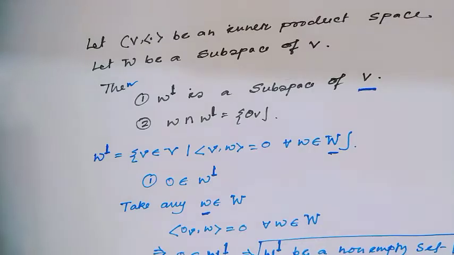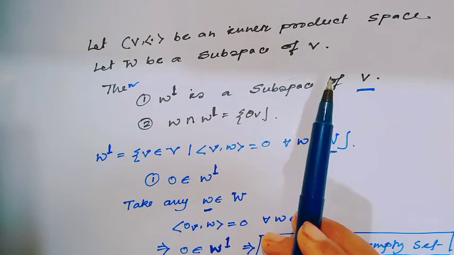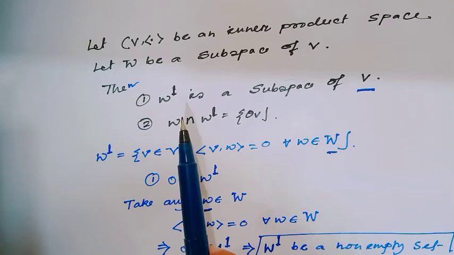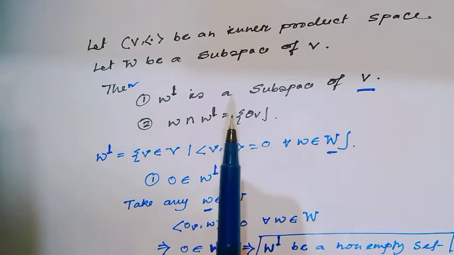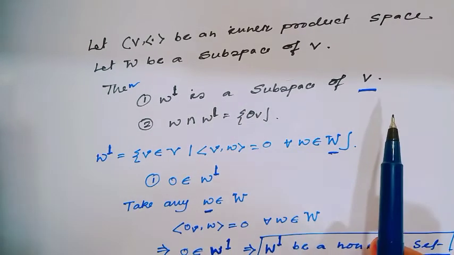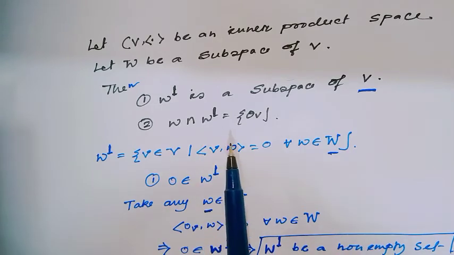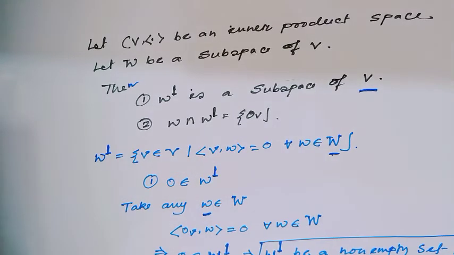See a new type of expression about the complement of a subspace. Consider V an inner product space and W a subspace of the vector space V. Then W perp, the complement of W, is obviously a subspace of the vector space V, and W intersection W perp always contains only the 0 vector.